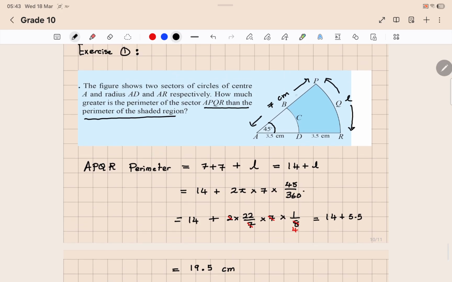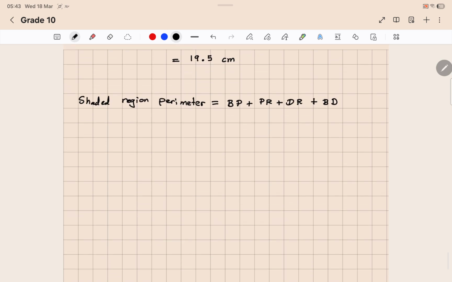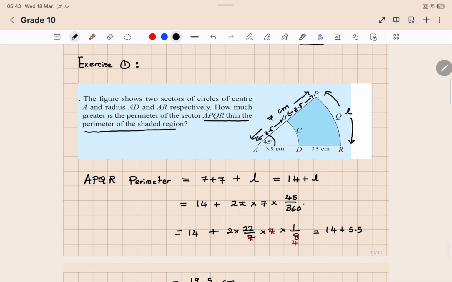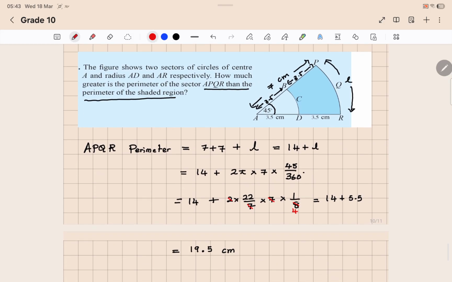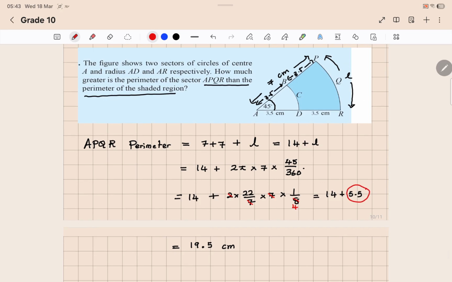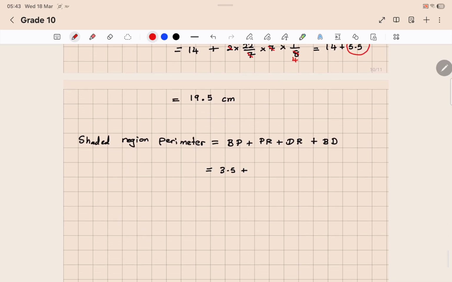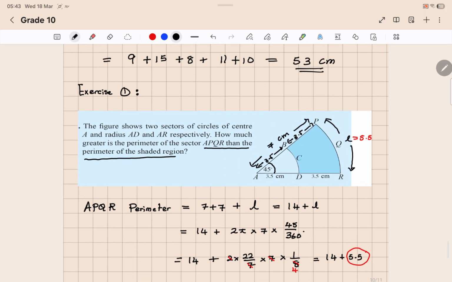Right, BP length we know. This is 3.5 centimeters because this is 3.5 and the total length is 7. PR length we found, the length of this arc, which is 5.5.